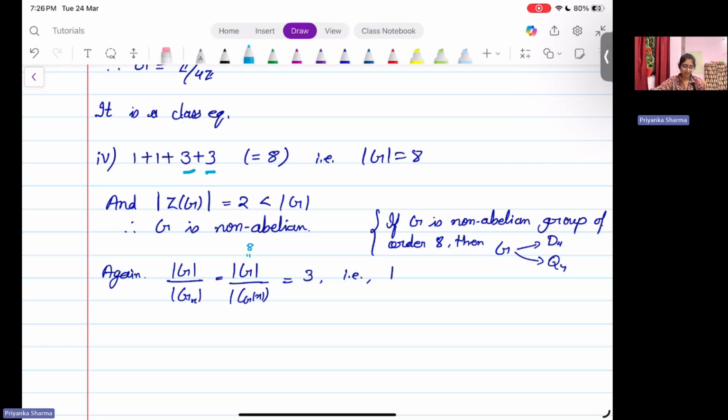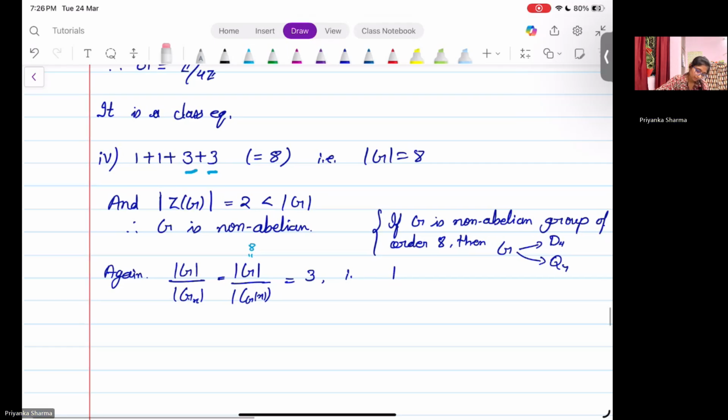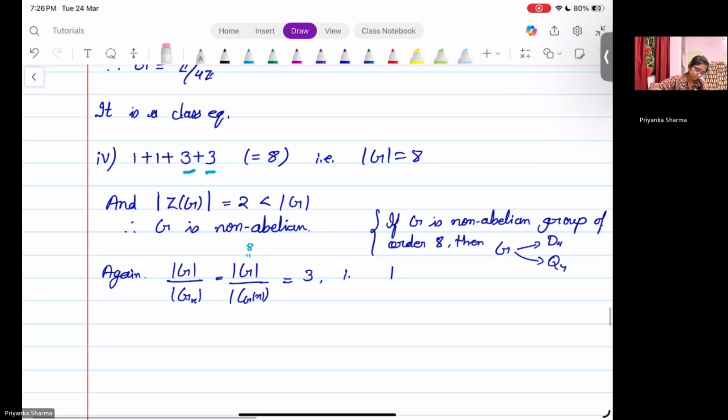So obviously we will get a contradiction here, because for this we cannot have a natural number.